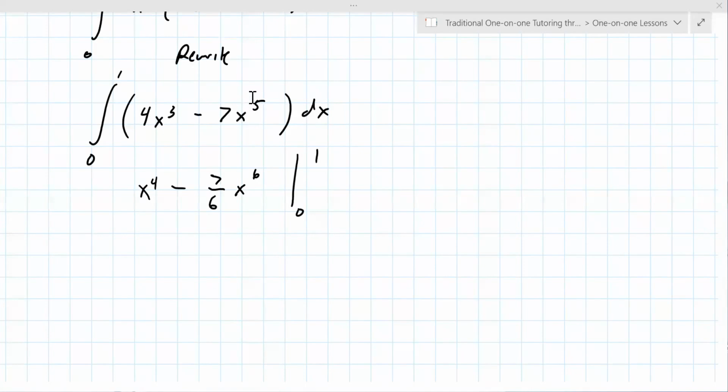So the short of it is you add one to the exponent, like 5 goes to 6, and then you divide by the new exponent, and the 7 just comes with it. Oh, okay. So we should do some more like this because this should be faster than it is now. I know you're just learning it, but you don't want to write +1, it will slow you down eventually.